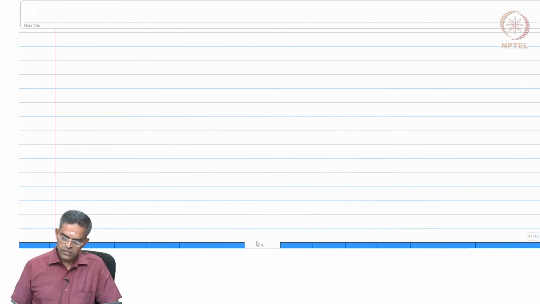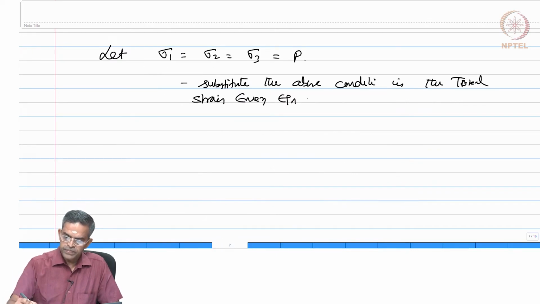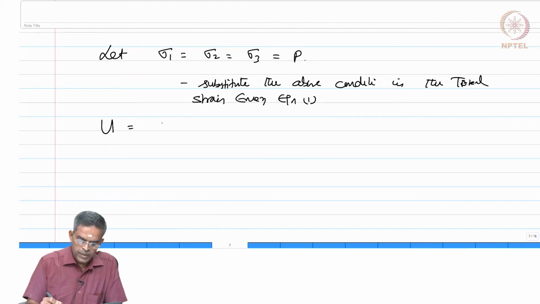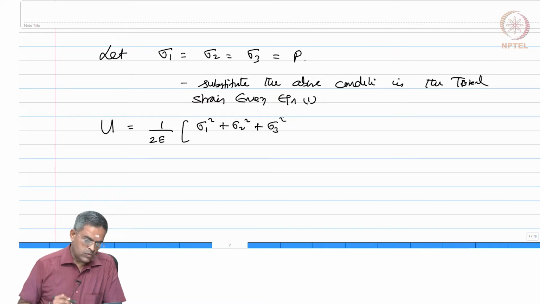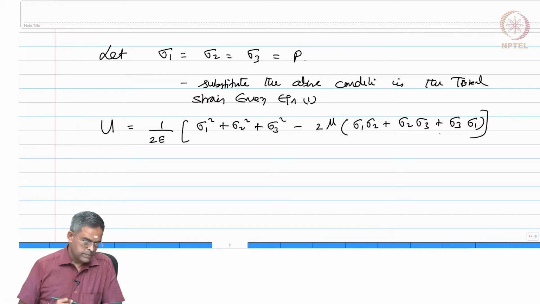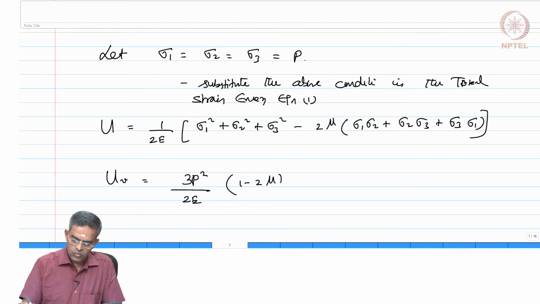So, let us substitute this in equation 1, which says it will now be 1 by 2E of sigma 1 square plus sigma 2 square plus sigma 3 square minus 2 mu of the products, which now becomes 3P square by 2E of (1 minus 2 mu).